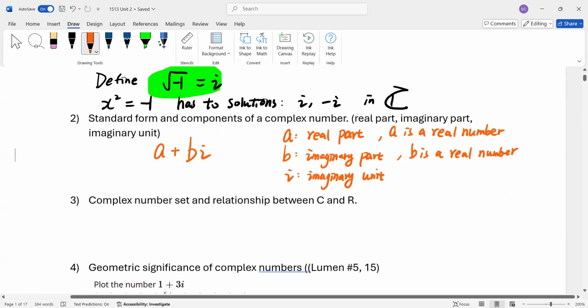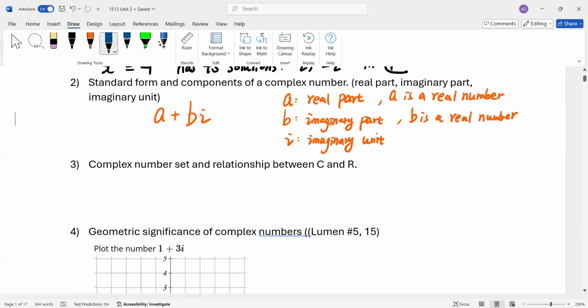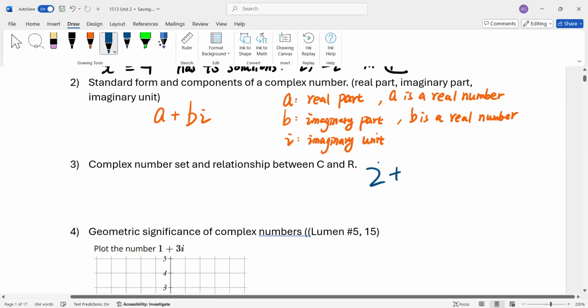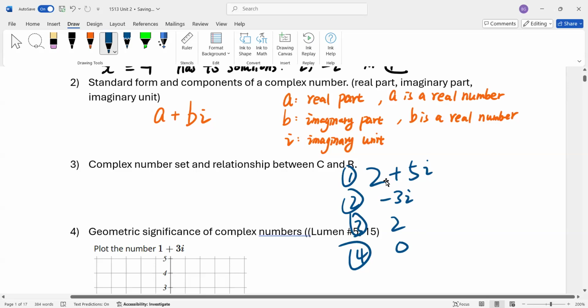Let me give you some examples. You tell me, are they complex numbers or not? I give you 4 examples. The first one, 2 plus 5i. Is 2 plus 5i a complex number? Yes.